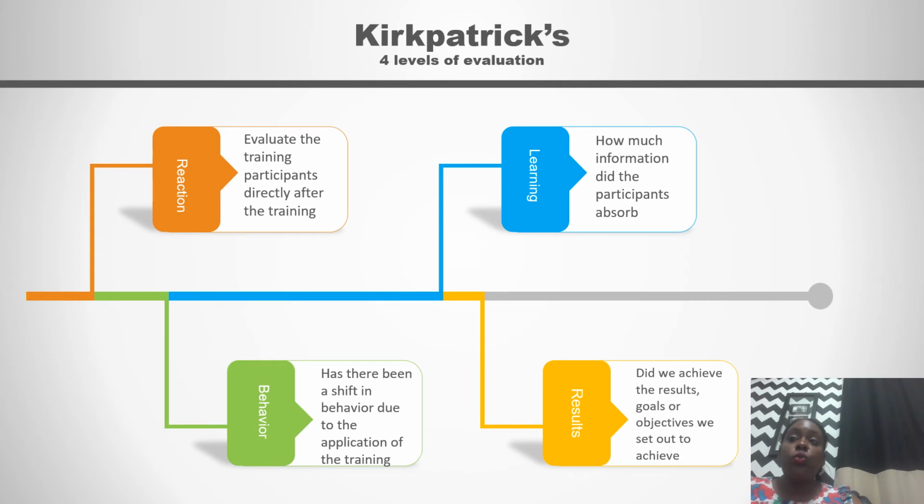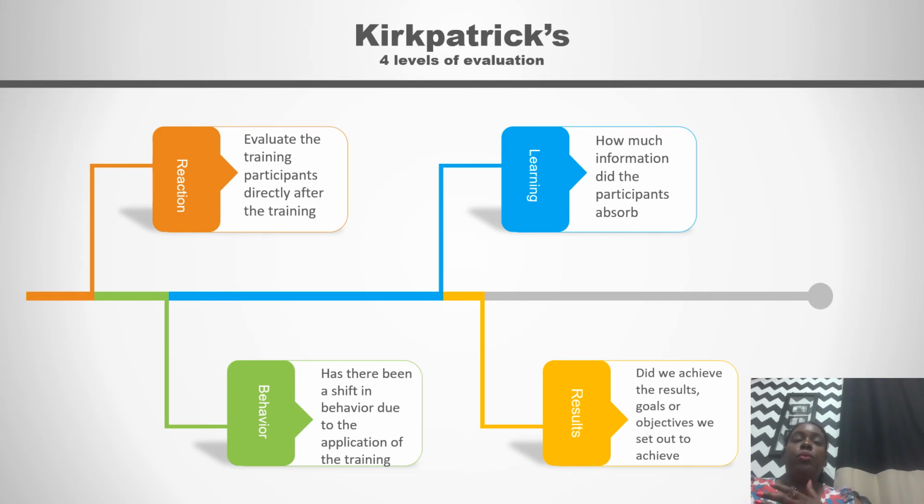Last but not least, results. Again, did we achieve the results, goals, or objectives that we set out to achieve? Have we seen a level of influence that our training has provided? Again, hence the check cashing.